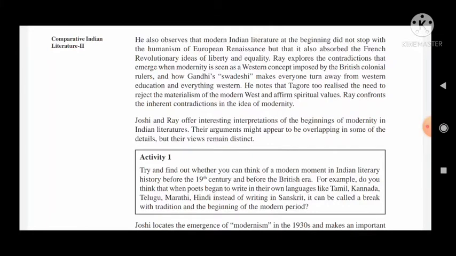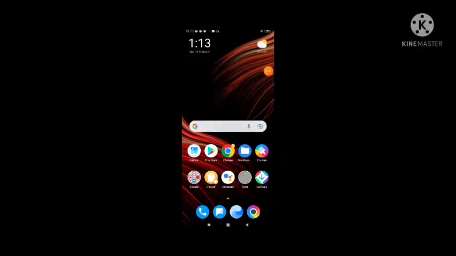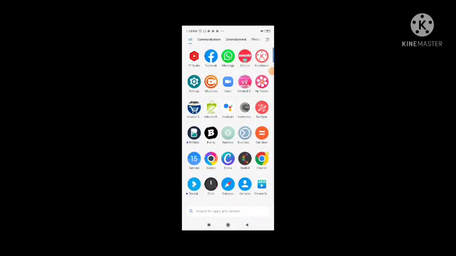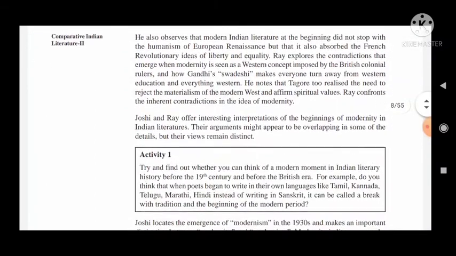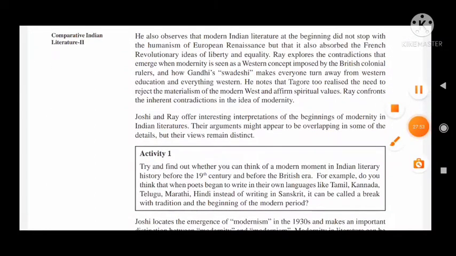What do you mean by turn away from? Here it is in the sentence, you can see.